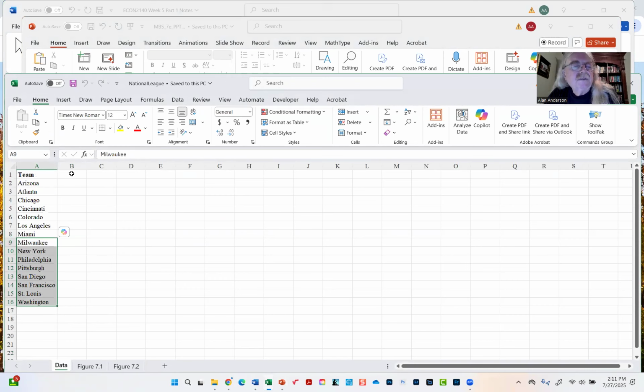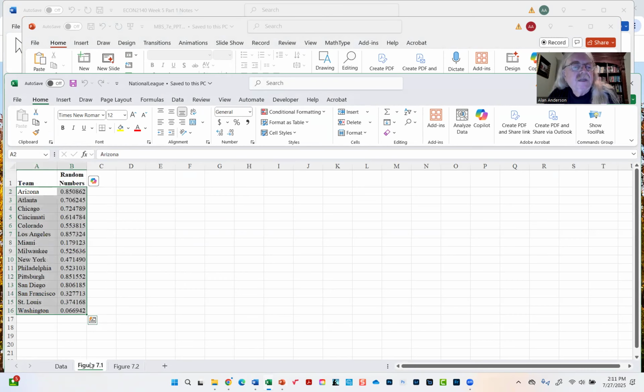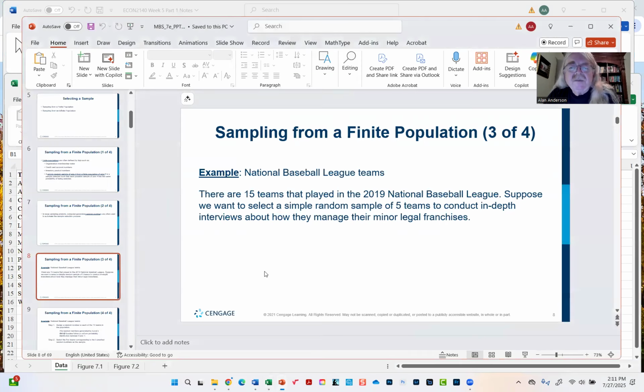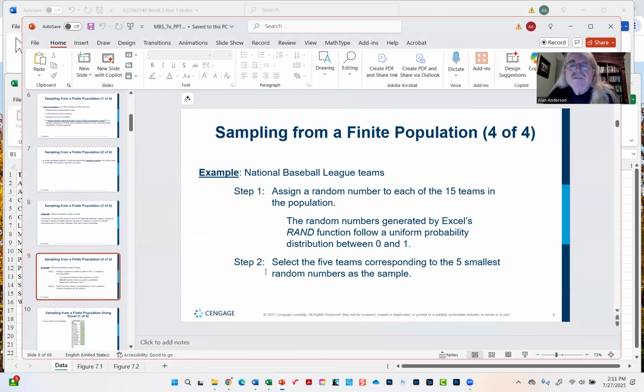So here are the teams, 15 of them. And what they're going to have us do is generate random numbers and then use those to choose a sample. We're going to pick the 5 teams corresponding to the 5 smallest random numbers.